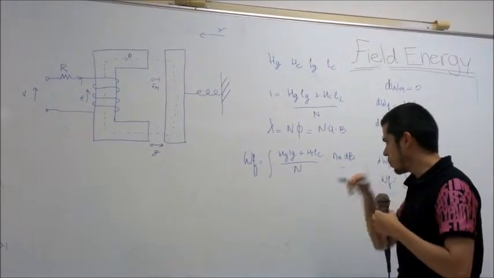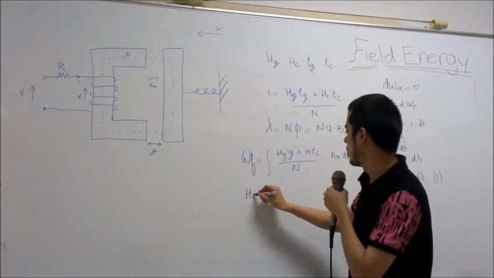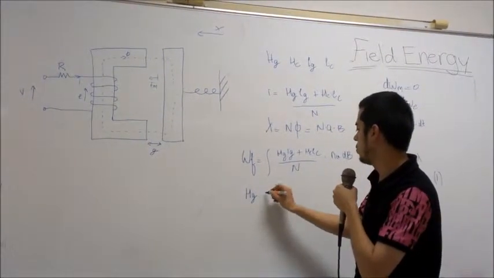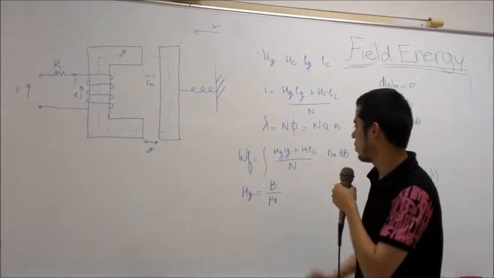Now let us assume that Hg is equal to B over mu 0.